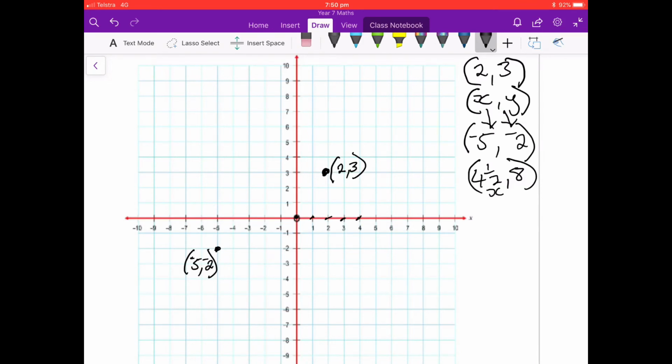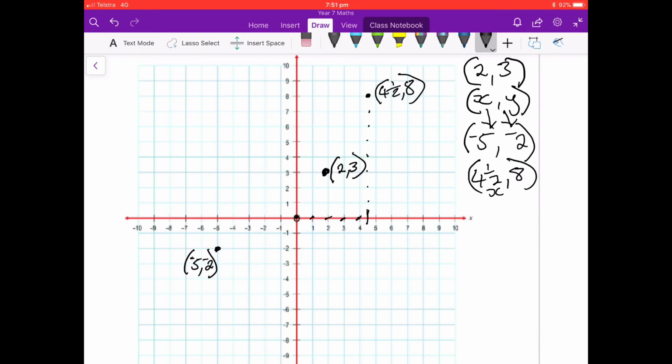That's 4, and there's 5 coming next, but we only want 4.5, so we go halfway between 4 and 5, about there. And now we go up with our y-axis because it's a positive number, 8. 1, 2, 3, 4, 5, 6, 7, 8, and we mark it at 4.5, so halfway between 4 and 5, and we log that coordinate as 4.5, 8.